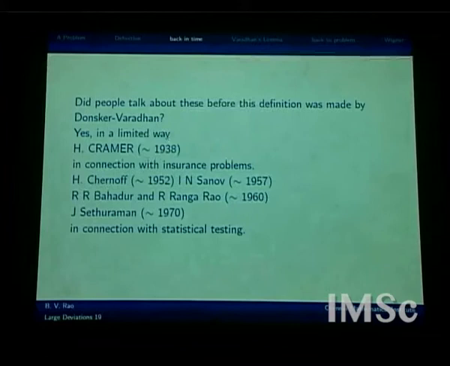How do you estimate it? That is all. But they did not realize what exactly is the definition. They did not realize the power of large deviations, what you can achieve with it, and they did not realize the ubiquity of large deviations, that large deviations are present in all convergence problems.